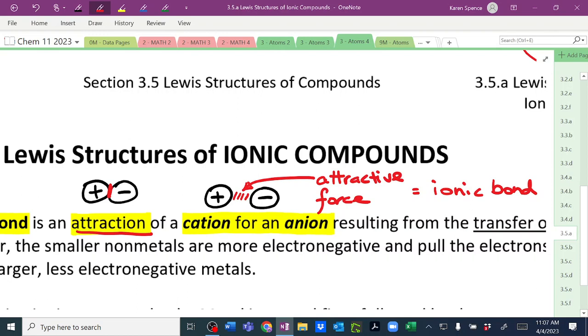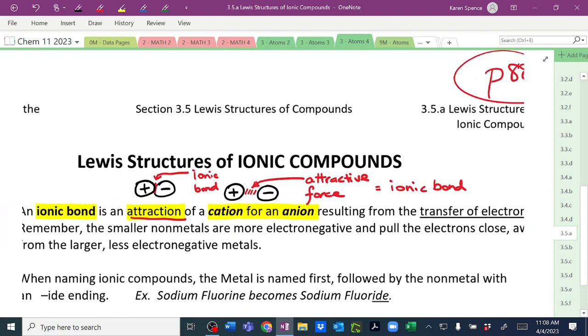It clicks into place, okay? But once they're touching each other, that force is still there. It's just hard to draw that force. So that's why I showed them a little bit apart so you could see that attractive force. But this is our ionic bond. And it's just the attraction between positive and negative, because positive and negative attract.